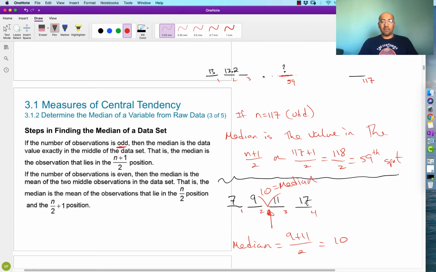And notice that in this case, the median is not even a number in our original list. I'm not inserting the 10 in there and saying, oh, now there's an extra number. No. The original list had 4 values. That's the number of entries in our set. But the 10 is the median, even though it's not really a number in our list.